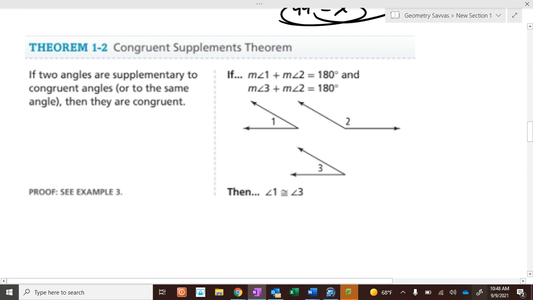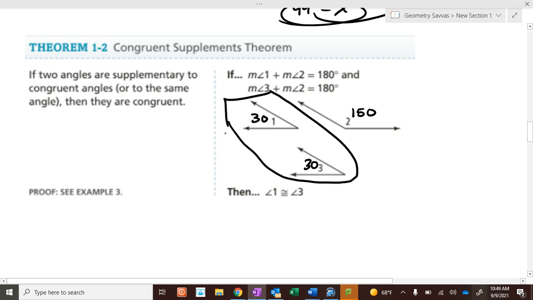All right, so all our theorems. Here we go. We're going to throw like 5 or 6 theorems at you all at once here. The congruent supplements theorem says if two angles are supplementary to each other, like angles 1 and 2, if this is 30 and this is 150, and then two other angles are supplementary to each other, like 2 and 3 are supplementary to each other, that makes the two angles that are supplements to the same angle congruent to each other.